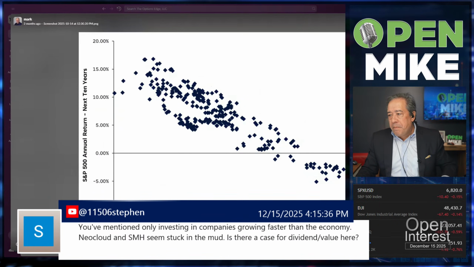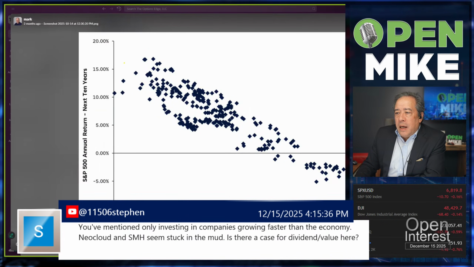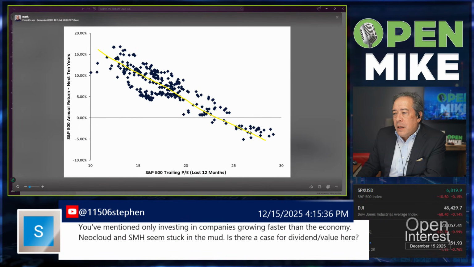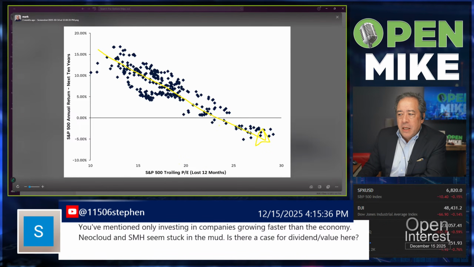So here we are. As you can see, and as one might expect, the higher the multiple you pay for stocks, the lower the subsequent 10-year returns would appear to be. And this is the trailing price to earnings.